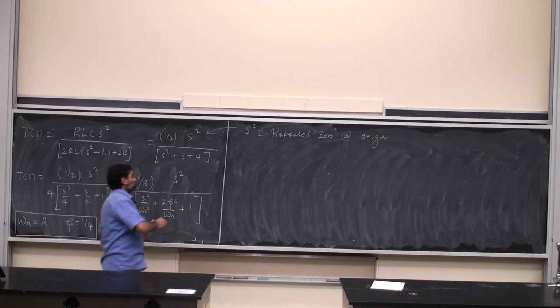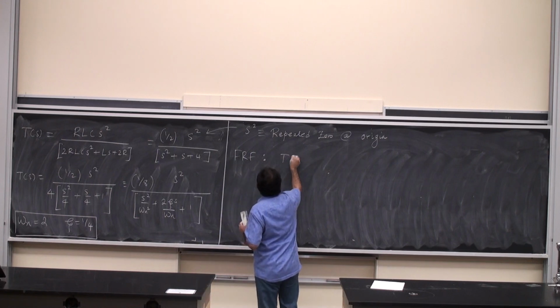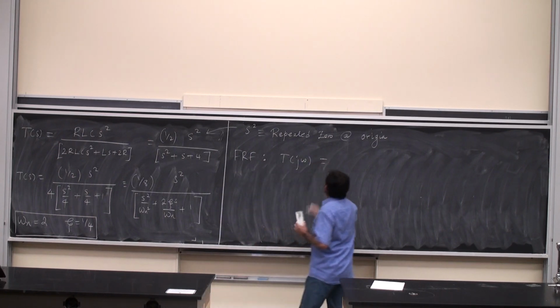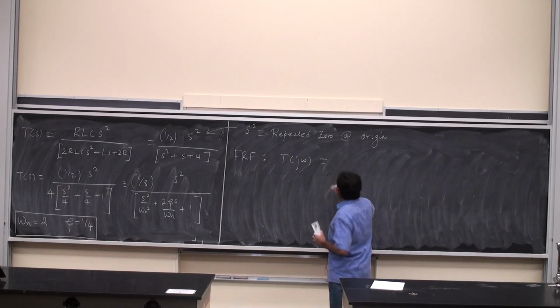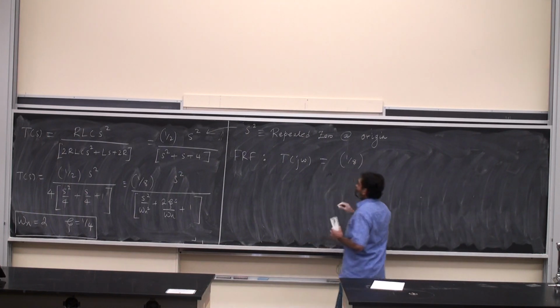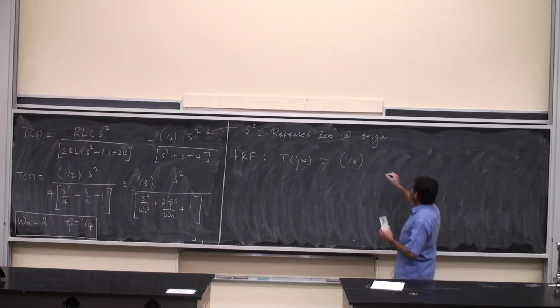Frequency response function. P of j omega, so that's 1/8, can't do much about that. (j omega) whole square is going to give me minus omega square.